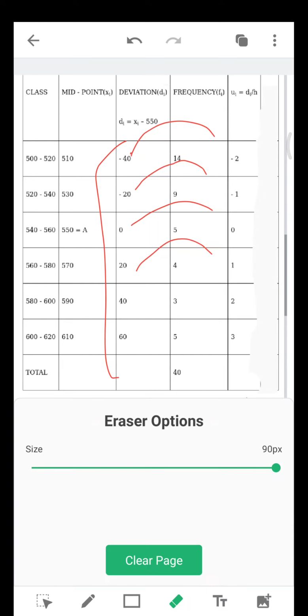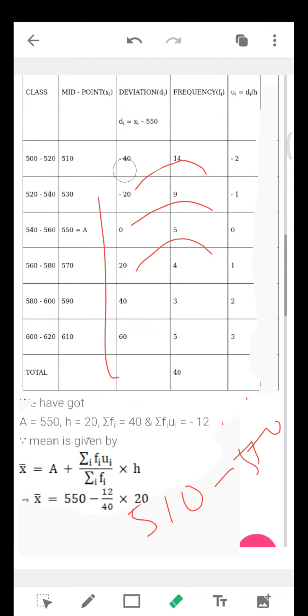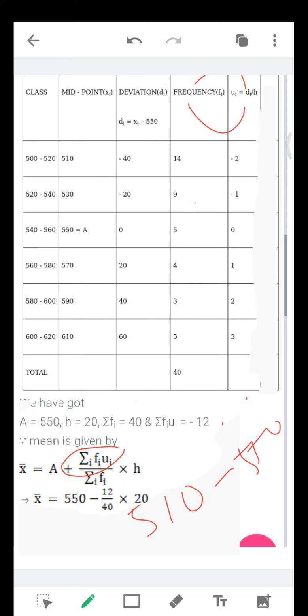Okay, after finding ui value, I need fi ui. What I need here? I need fi ui. Okay, children. So for finding fi ui, I must multiply fi and ui columns. If I multiply these two columns, fi and ui, I'll get a new column, that is fi ui.